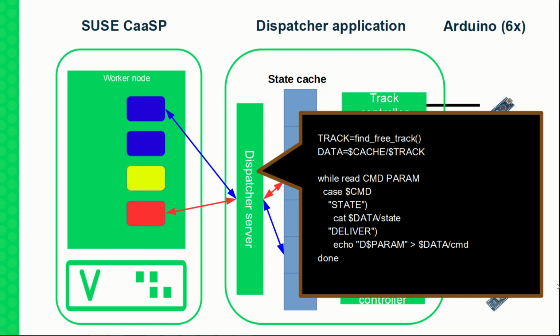Next is the dispatcher application. It is basically a kind of database of the state of the different tracks. It reads the status of particular tracks and saves them in a table. In case a new container is spun up, the container asks the dispatcher application if there's a free line, and the dispatcher application goes through the table and sees if there's a free line. Then it assigns the line to the container, and the container can deliver a particular color via the dispatcher application.